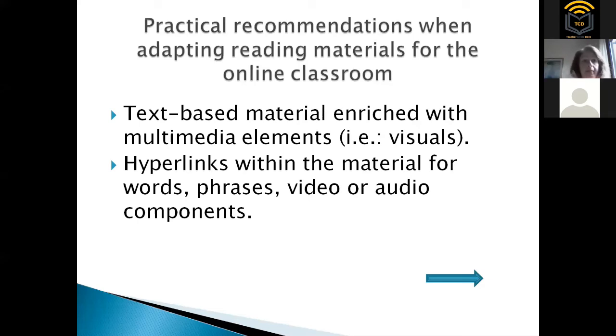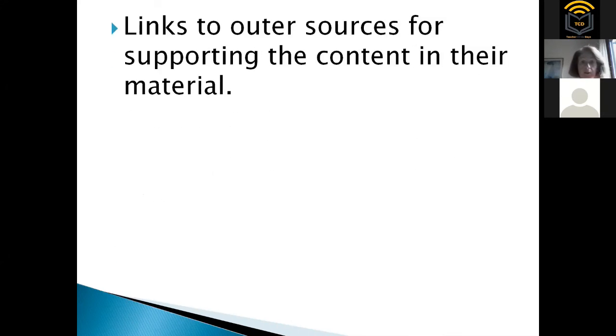That will make it more interesting for the students. They will play around with the hyperlinks, and it will also help you explain fewer things, whether these materials are synchronous or asynchronous. So hyperlinks are very important.